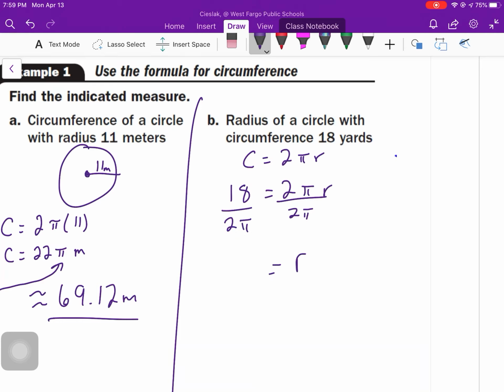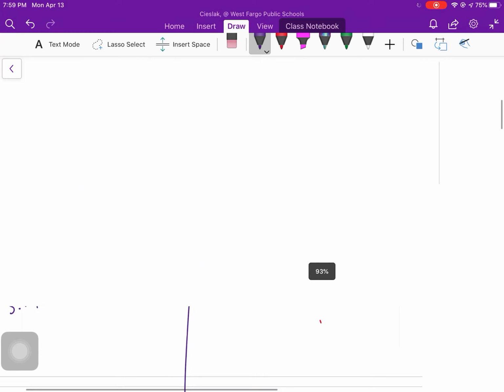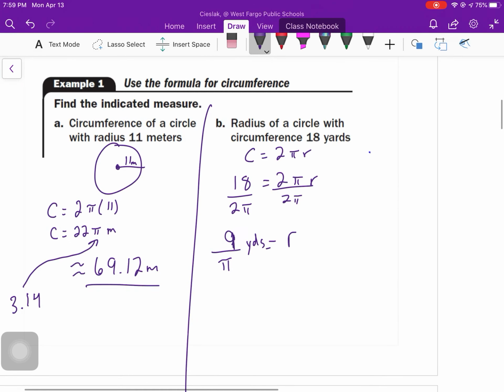That gives me r is equal to 18 divided by 2 is 9 over pi. And that would be yards. Okay, that is the exact answer. Typically, we want to put that into an approximation, a decimal, and round. If you type 9 divided by pi into your calculator, that comes out as r is approximately 2.86 yards.